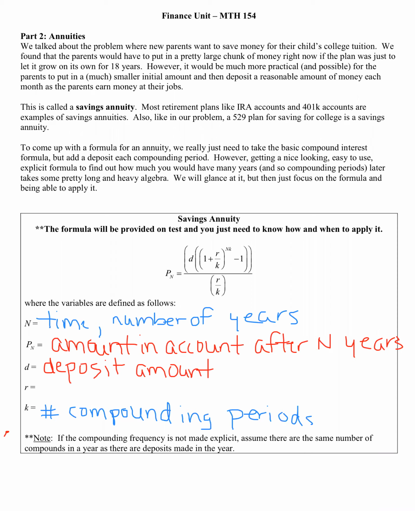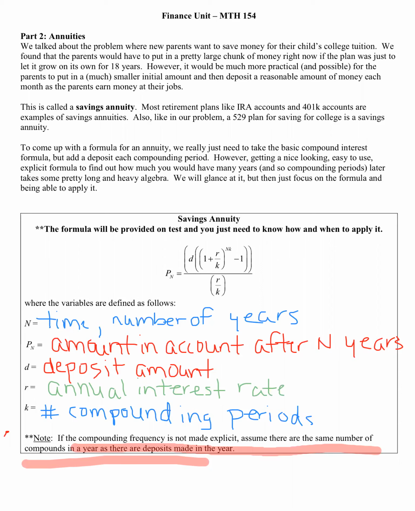And then we have a note here, if the compounding frequency is not made explicit, assume it's the number of deposits you make. So if you're making monthly deposits, we're going to assume we're doing monthly compounds as well. And then finally, R is your annual interest rate. And just make sure to note, we always do decimal for this, or it'll give you something very interesting.